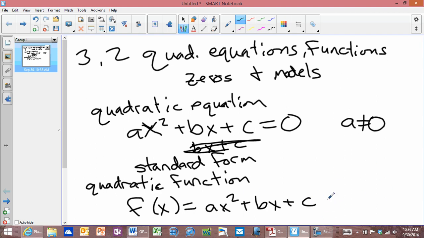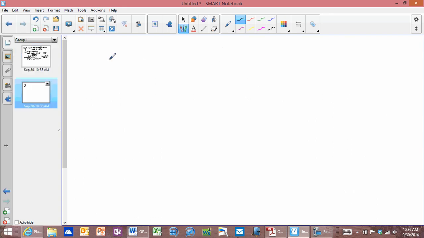And a, b, and c are all real numbers. I'm just going to write my fancy R for real, which just means no i's for my coefficients. So a, b, and c are considered coefficients, which just means the number in front.